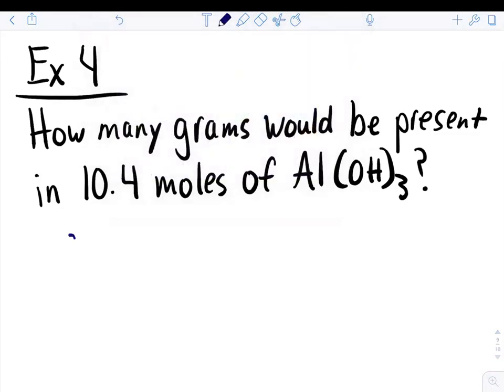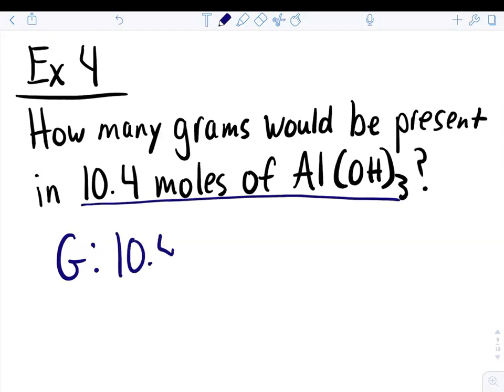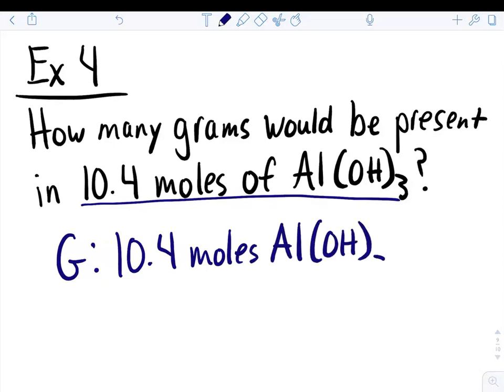So again, we always start with our given, which in this case is our 10.4 moles of AlOH3. Then we go to our unknown. What is the thing that we are trying to get to whenever we convert?